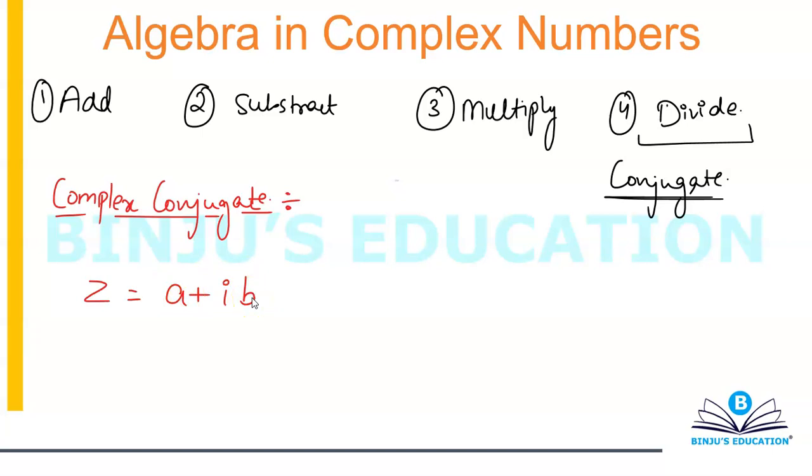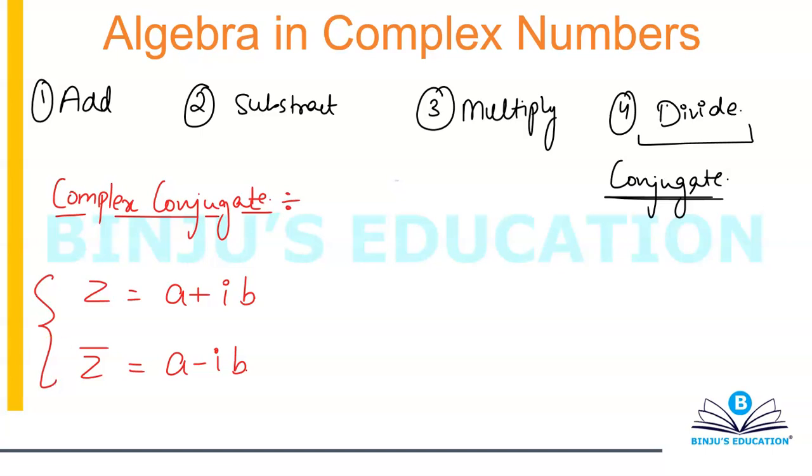It doesn't really matter. It's completely your call which way you want to write it. If someone asks you to find out the complex conjugate of this complex number, then you will say that the complex conjugate, which is represented as z bar, will be equal to a minus iota b. So if the complex number is a plus iota b, then the complex conjugate is a minus iota b.